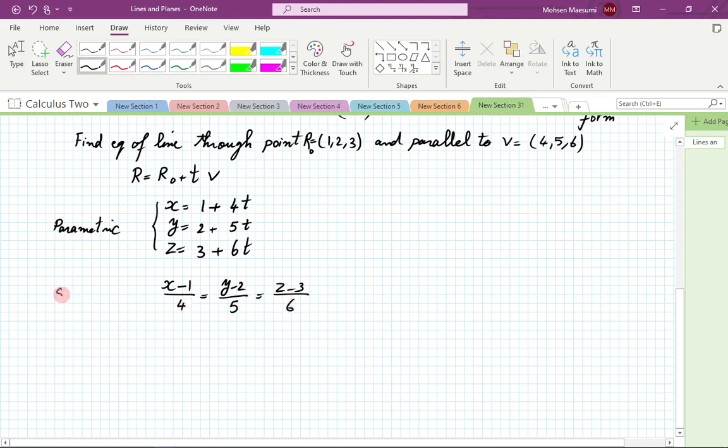That's going to be the symmetric form. And the common value of all of these three fractions is just the parameter t itself. So now you can apply this general idea to a variety of problems that you're going to see in your homework, and these are all pretty much similar to each other.